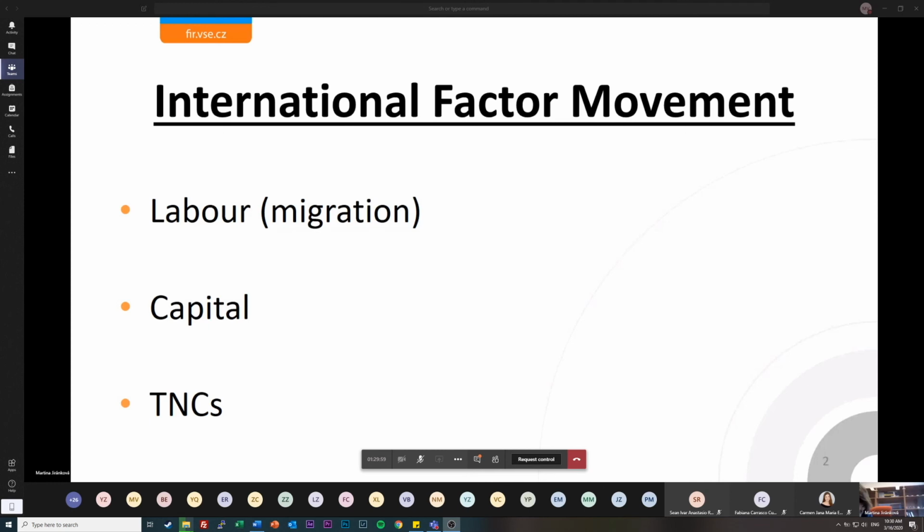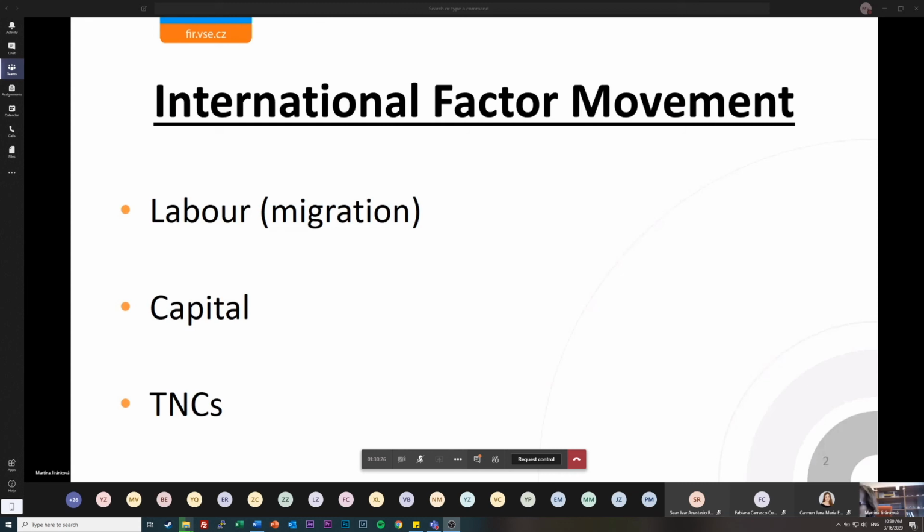This is the development of the transnational corporations. It's also a kind of capital movement, but a special kind. So we will talk about migration: international labor movement, capital movement, and the development of transnational corporations.